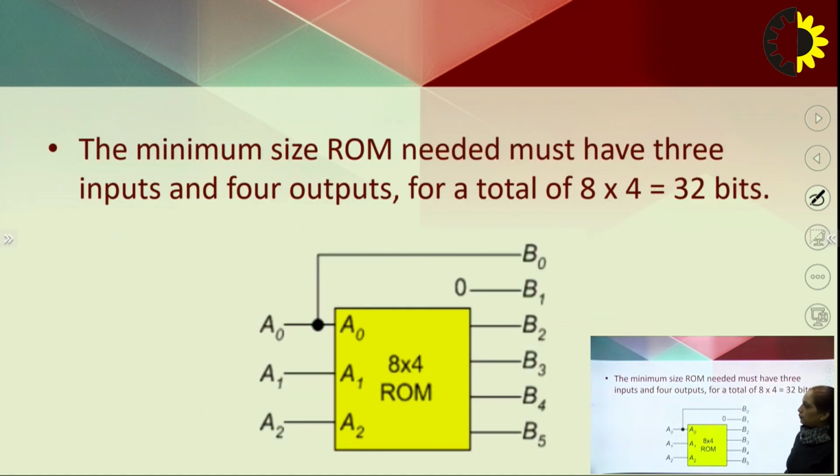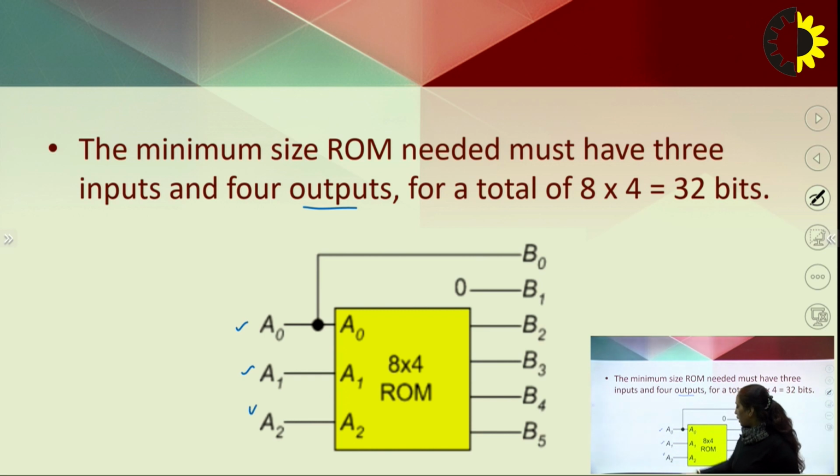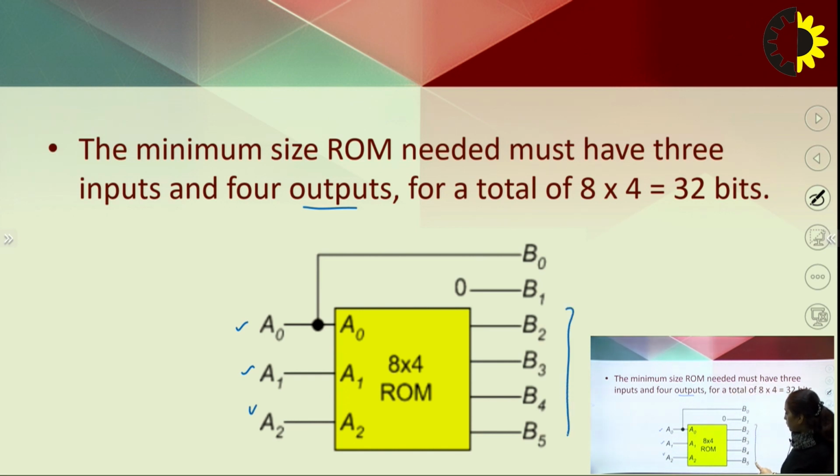So the minimum size ROM needed must have 3 inputs and 4 output lines. So 3 inputs are there and 4 output lines are there. Minimum 4 output lines we need.